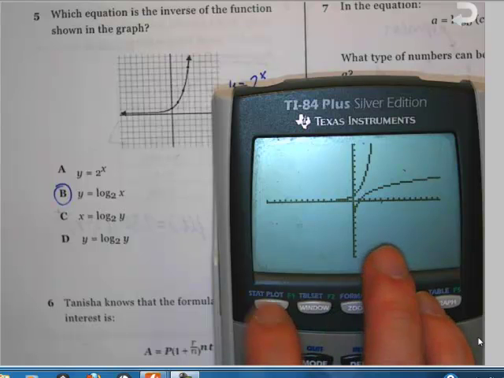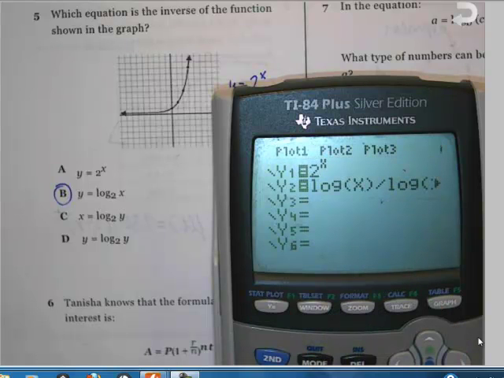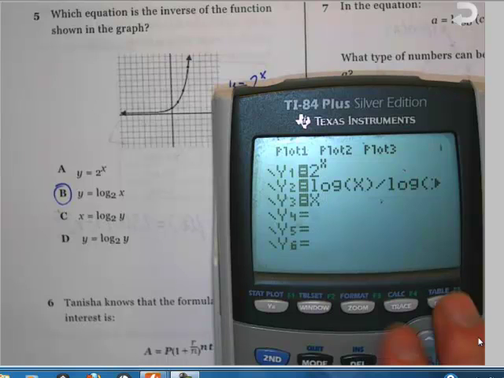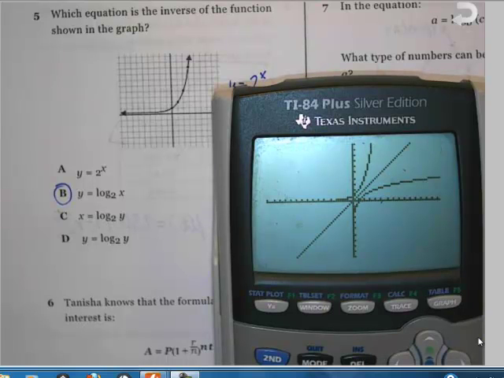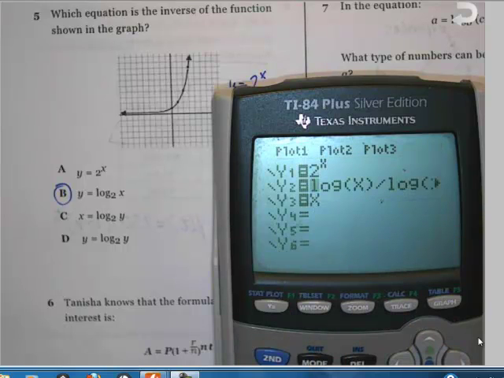And we could actually take our line y equals x and bisect it. And in actuality, we could actually compose the two functions together.